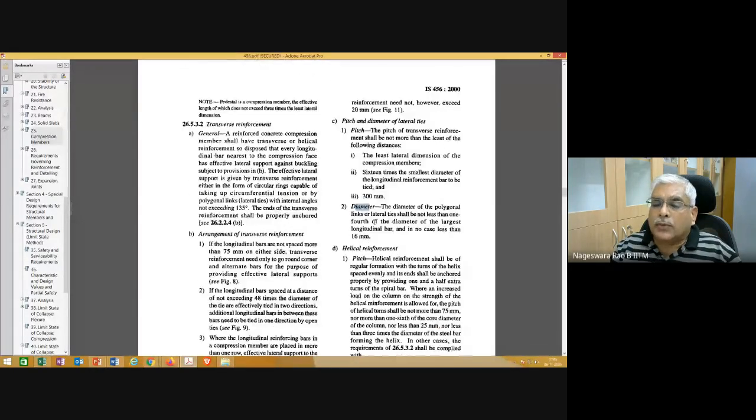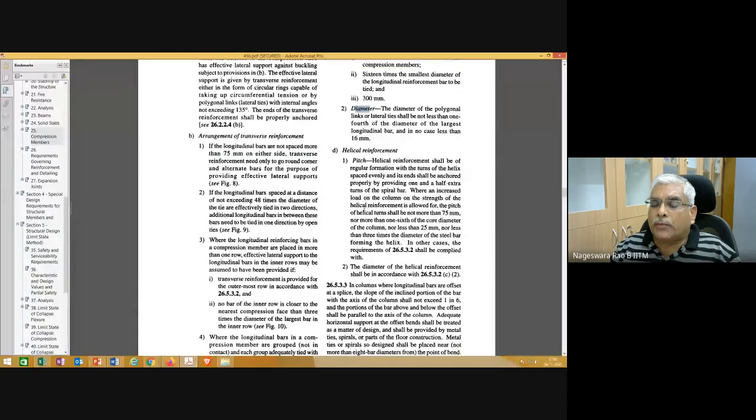And transverse reinforcement can be in the form of ties or stirrups. Okay, as a part of your design for shear, design of beams for shear, you learned about these stirrups, vertical stirrups, inclined stirrups, such kind of things.